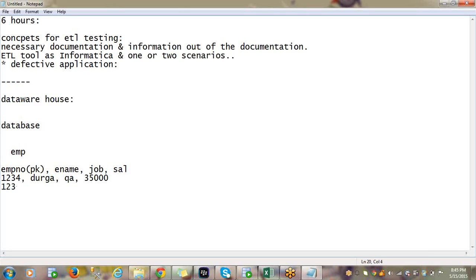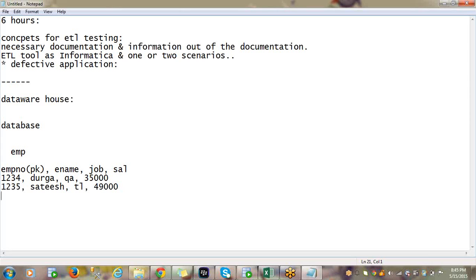Okay, 1, 2, 3, 5, Satish, TL, and 49,000. Let me take these two as my records within my EMP table.